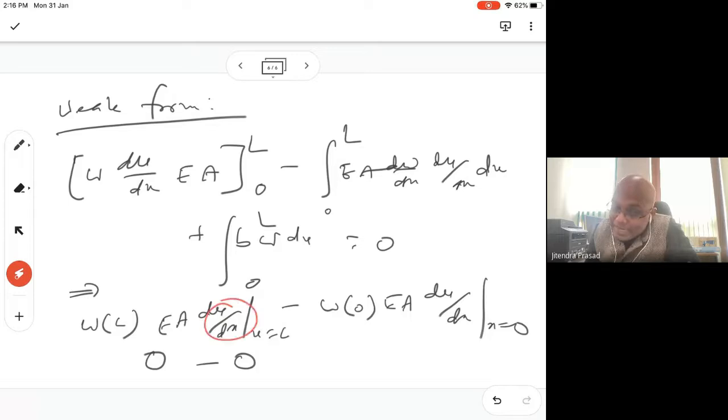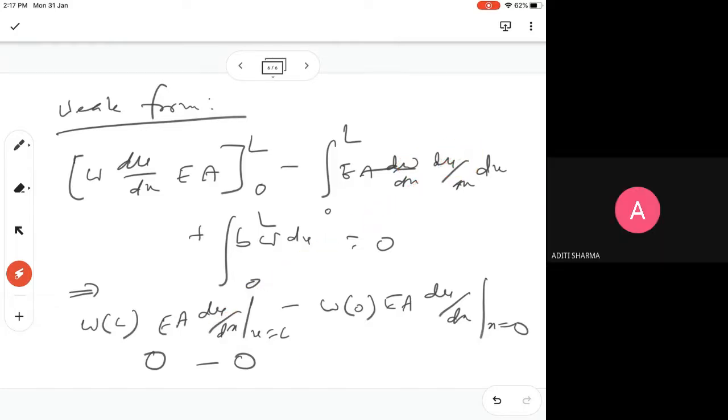So this u and this u are not the same. They are not the same. Why I'm asking is, when we did integration by parts on it, at that time we had cancelled it, right?